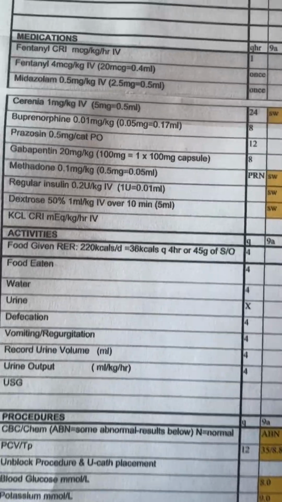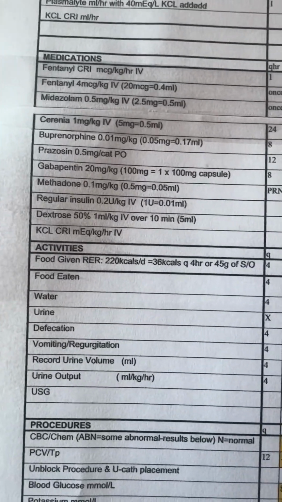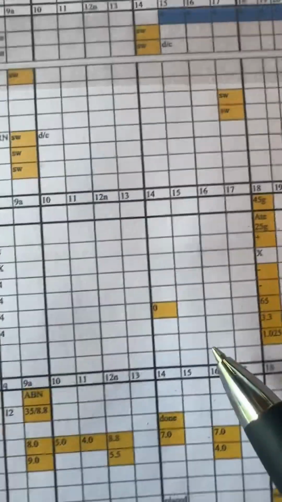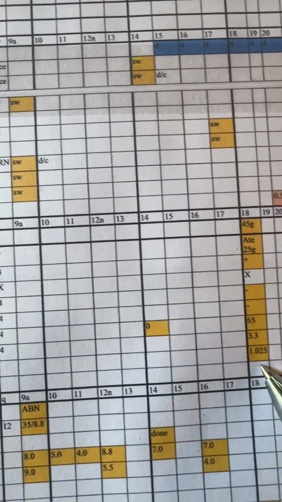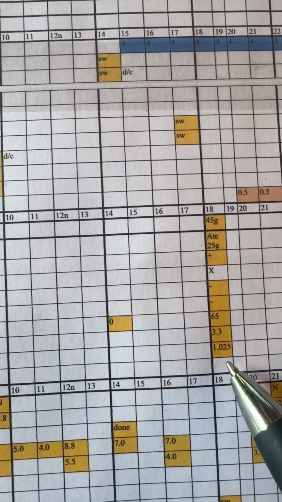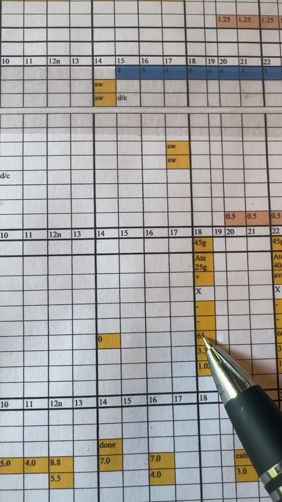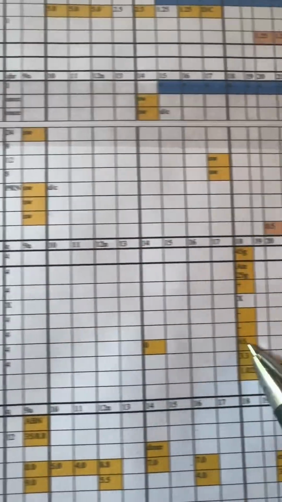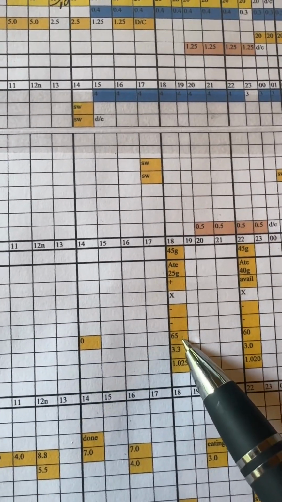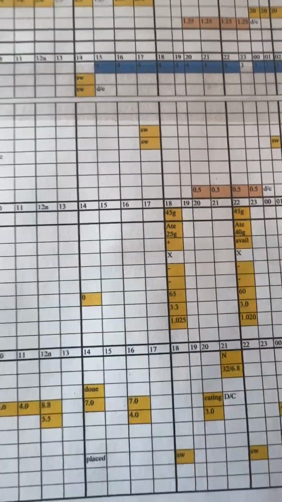If you do that, you need to record it here so we can add it to the amount of fluids that are going to be in that bag. Because if I flush a urinary catheter with 10 mils of fluid, it's going to make this output number look 10 mils higher than it really is, and that will distort all these numbers.